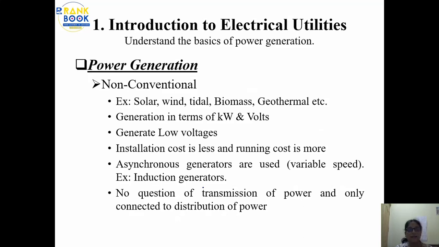Installation cost is less and running cost is more, and here they use asynchronous generators, whose speed is variable, like induction generators. So there is no question of transmission of power, and they are only connected to distribution. So these are the two types of power generation, conventional and non-conventional.